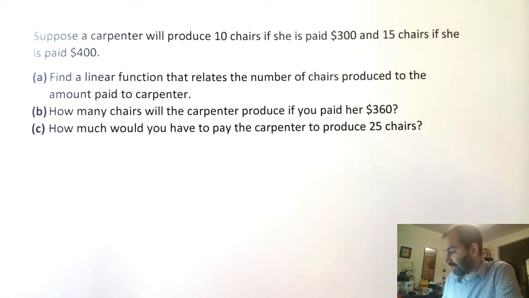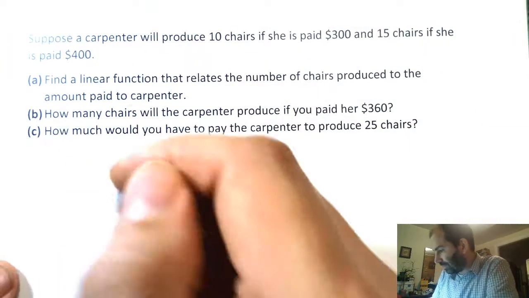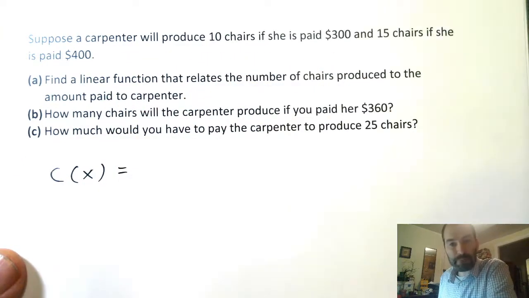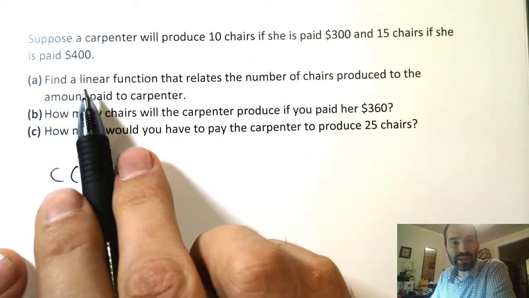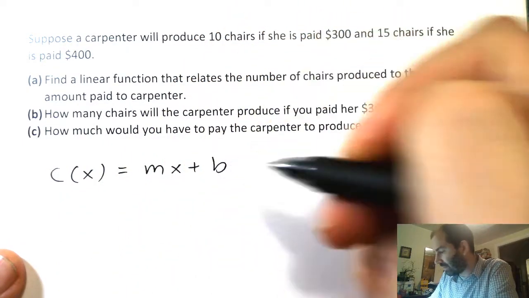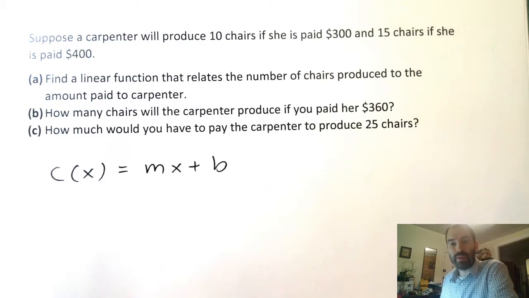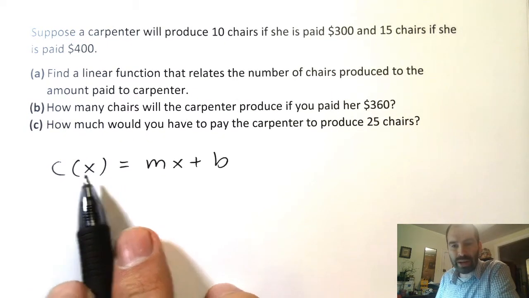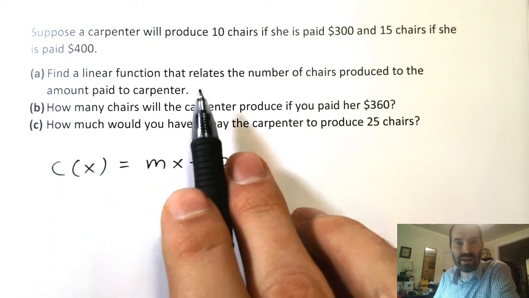C for chairs. C of x. Now, what kind of function is it? It's a linear function. That means we can write it in the form mx plus b. But wait a minute, what is x? I know what C represents, the number of chairs.